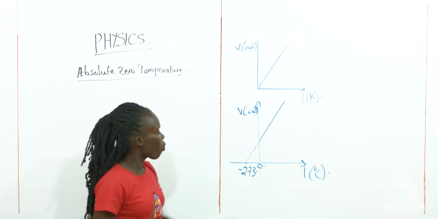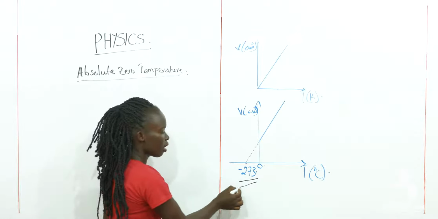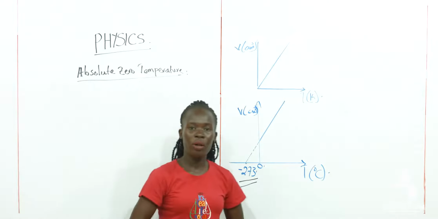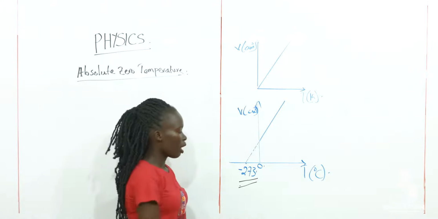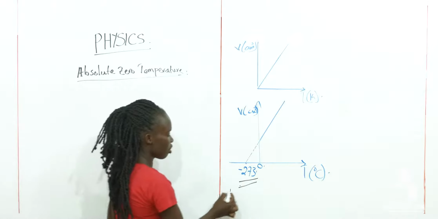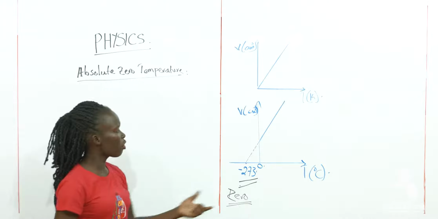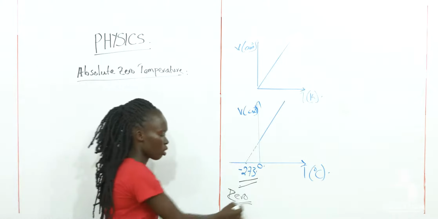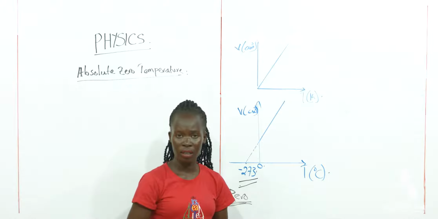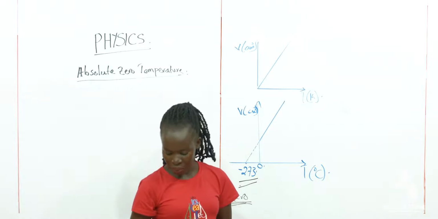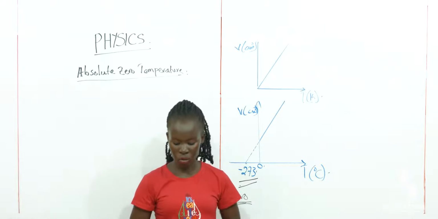Meaning that when the gas has attained this, the gas will have zero volume at this temperature. Is it possible for the gas to go totally to zero volume after compressing? It does not have to shrink totally to zero.